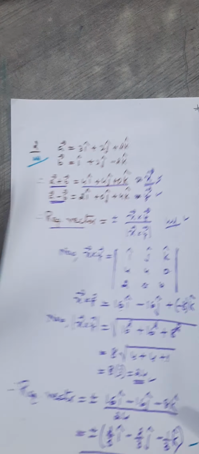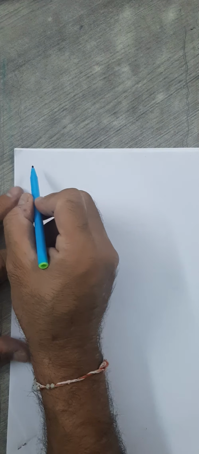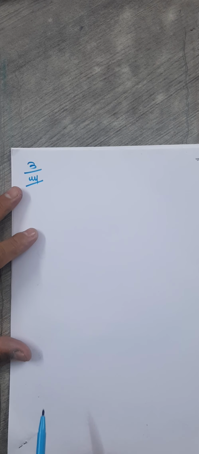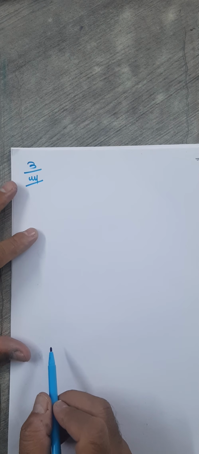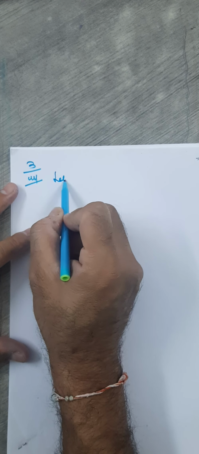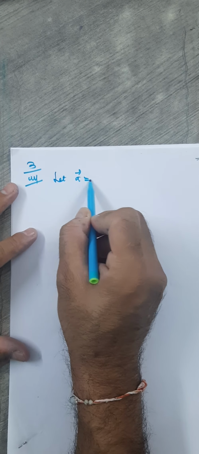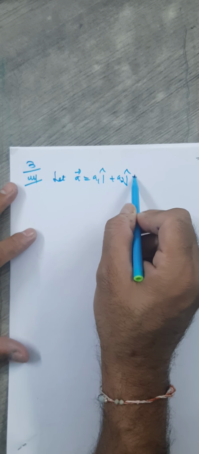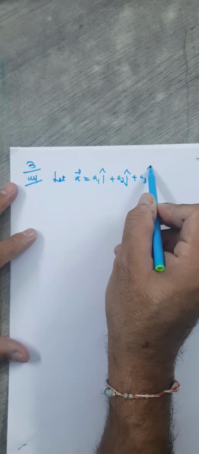Okay, now next question number 3. What does the next question say? That's also a nice question, the third one. Find a unit vector A. Okay, so I'll take vector A equals A1 i cap, A2 j cap, and A3 k cap.